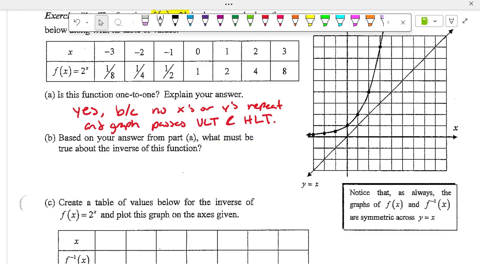It's specifically the x values cannot repeat. So in order for a function to be an honest to goodness function, the x values can't repeat. In order for it to be in the one-to-one subgroup, though, the x's and the y's can't repeat. So what it says about our inverse is that the inverse is also a function.